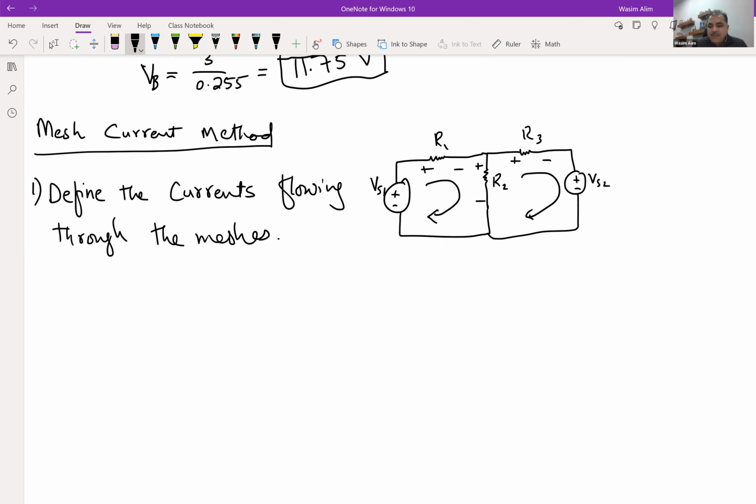That way you have a system. You always take the current in a clockwise direction and label these currents. So I have I1 and I2 here. These are my two currents flowing through these meshes. So this is the first step that you have to define.